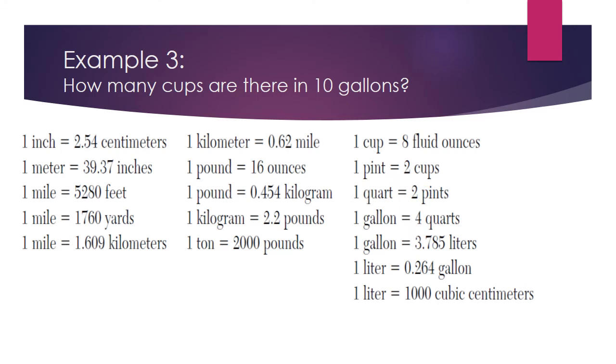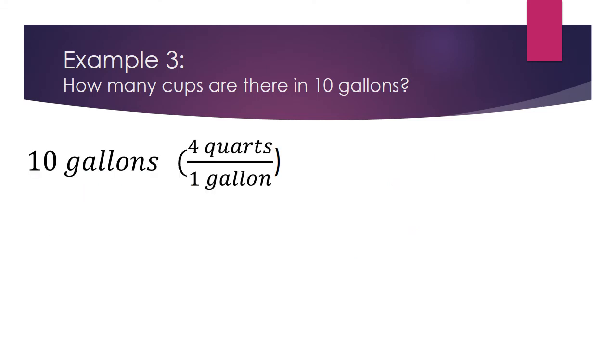So let's do that. We're going to put the first conversion ratio, which is 1 gallon to 4 quarts, and then the second one, which can help me change 1 quart into 2 pints. And again, since quart in the first ratio is at the top of the fraction, I'm going to need to put quart into the denominator of the second ratio to be able to cancel the units.